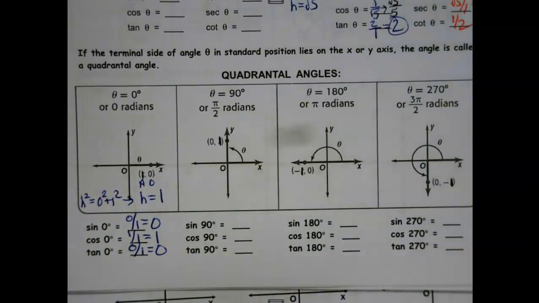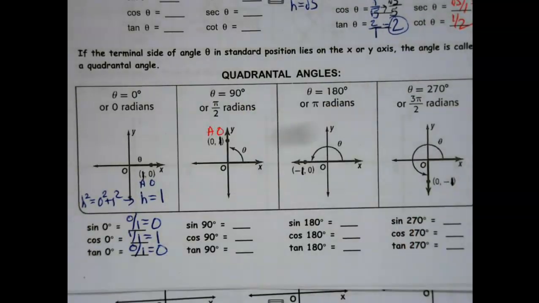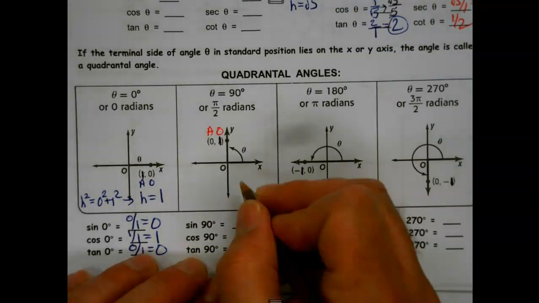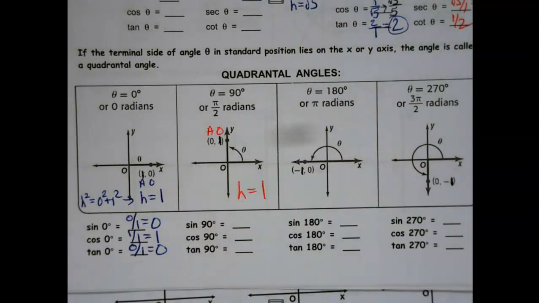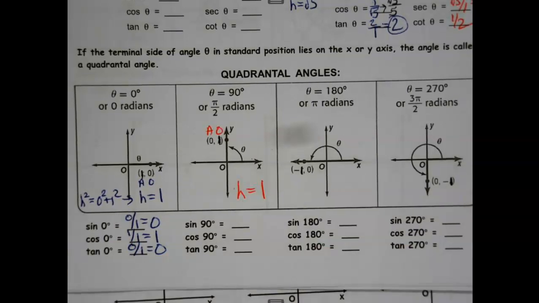So for any of these, when you run into them, we're going to run it back that same way. Adjacent and opposite. Your hypotenuse is still going to be 1. It's going to be for all of these. That's the insider hint here. A quadrantal just means it's right on an axis. This is always going to be the case.